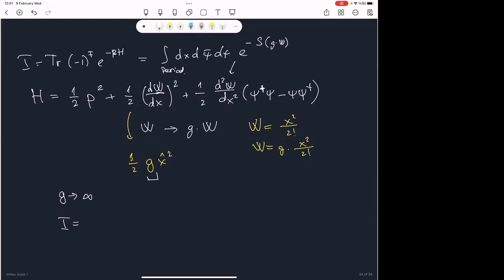Then, of course, we need to compute the action at the critical point. This is an easy computation you can do yourself.